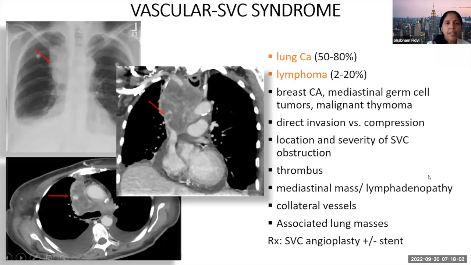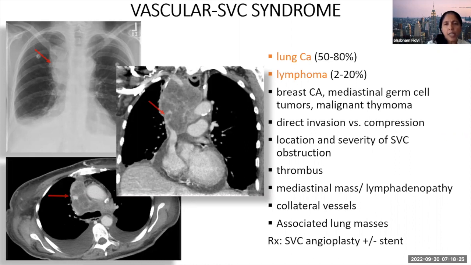Just to touch briefly on SVC syndrome, the two commonest etiologies are lung cancer and lymphoma. Other tumors listed on the slide can also present with SVC syndrome. And CT plays a role in evaluating SVC syndrome in terms of whether there's direct invasion or compression of the SVC.